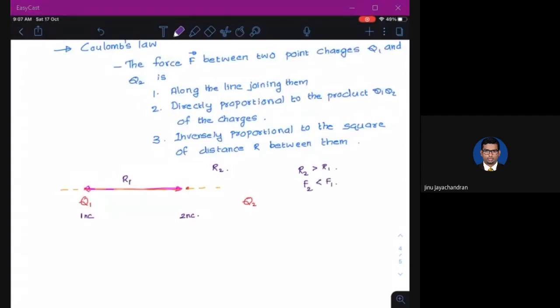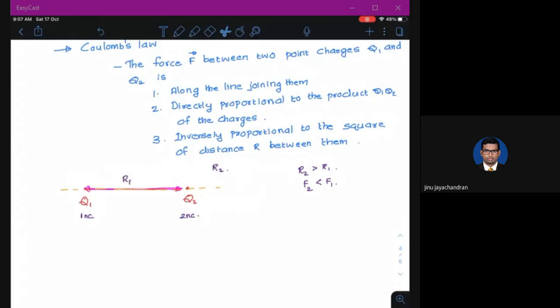As you move the charges closer, you will have a much higher force. As you separate the charges further, it will be a much lesser force. Okay, so those are the statements of Coulomb's law.